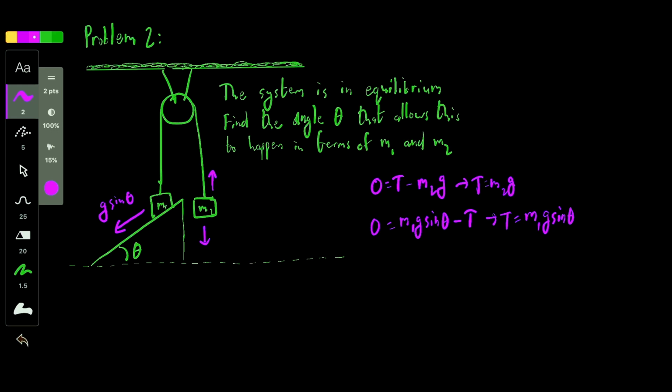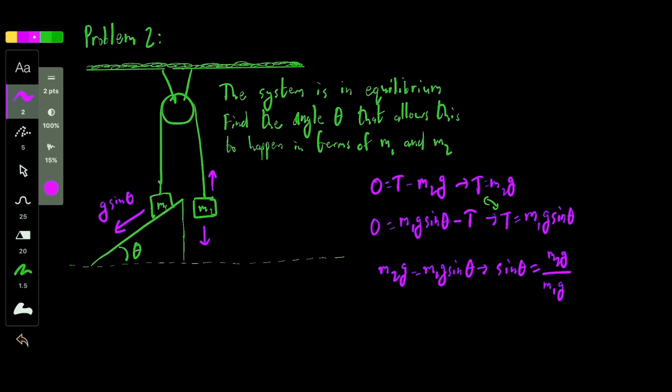Since both of these equations have tension, let's set them equal to each other. So m2g is equal to m1g sine theta, and if we divide both sides by g and isolate sine theta, we get sine theta is equal to m2g divided by m1g.